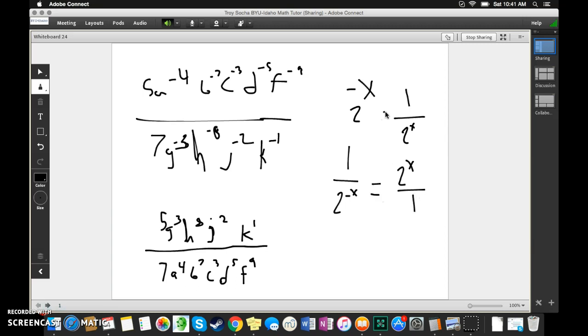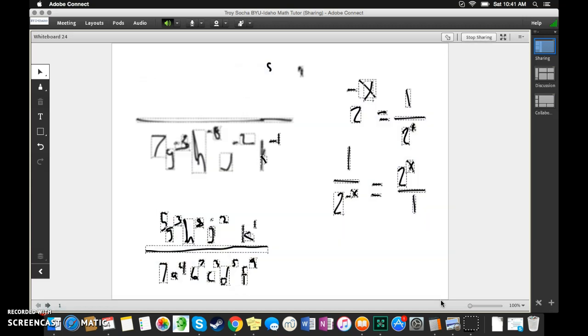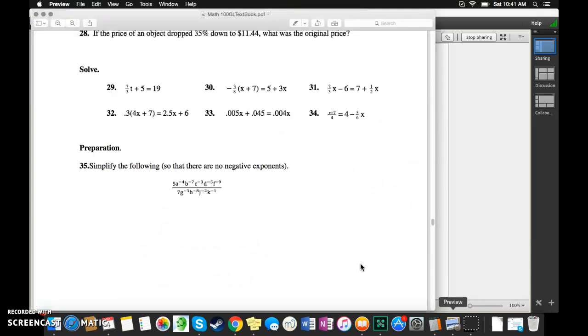So that is how you know the difference for your negative exponents, and that's described in another video, why they're negative. All right. Now we're going to go to work on another problem.